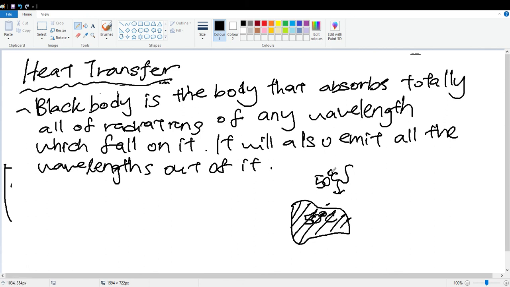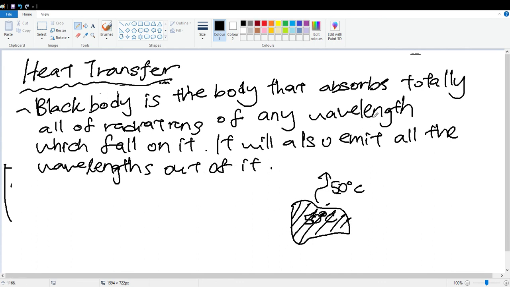Initially it has a temperature of 50 degrees Celsius, so what it will emit is radiation of 50 degrees Celsius. It totally absorbs all possible radiation which falls on it, and it also emits all the possible wavelengths.